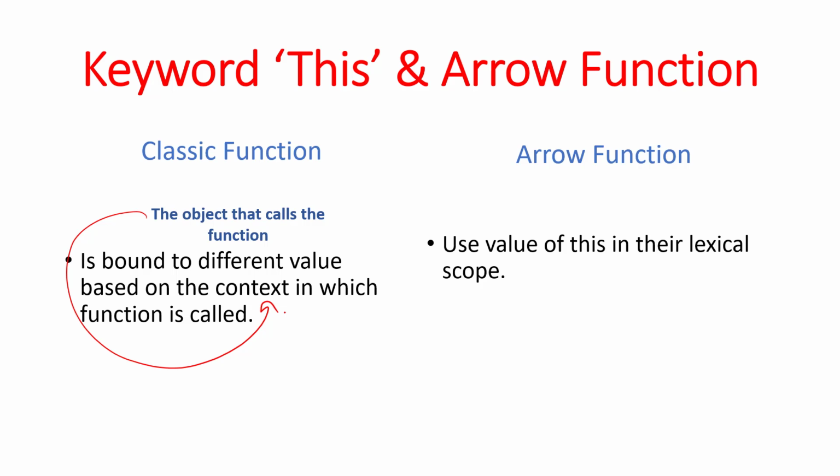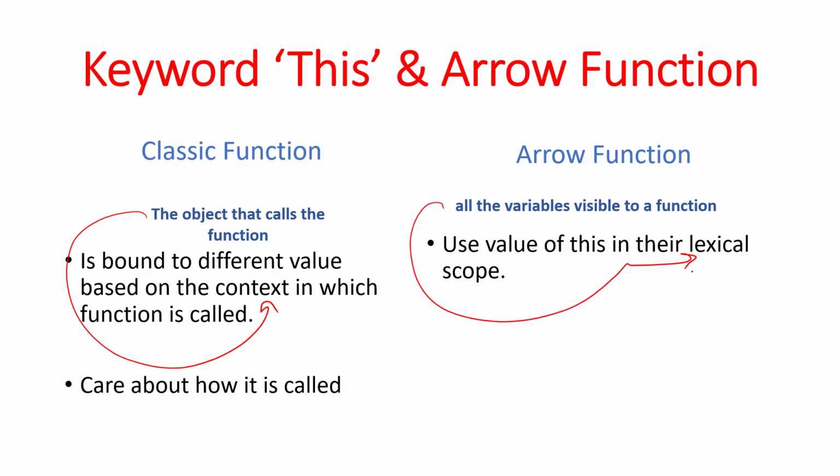In an arrow function it uses the value of this from its lexical scope, and lexical scope is the visibility of variables in that particular scope, or in that function.